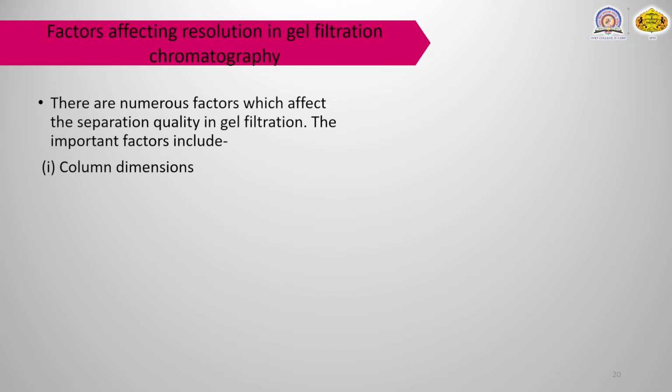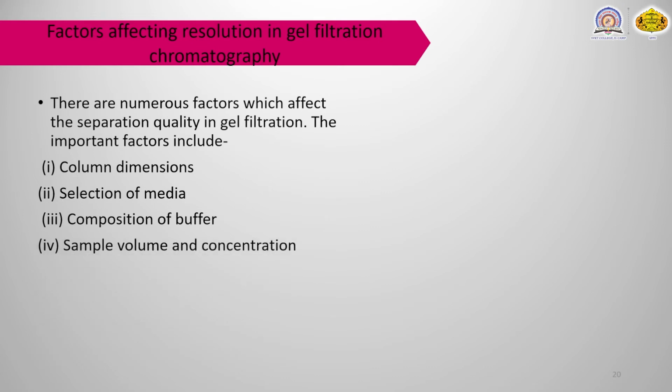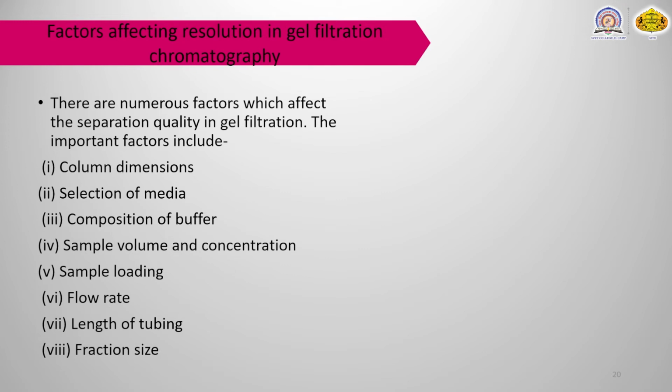If the column dimension is not regular, it can affect your technique, because it requires more time for the resolution or separation, and it would be a costly technique. Then the selection of media, the selection of the gel which you are using, composition of buffer, sample volume and concentration, sample loading and flow rate, and the length of the tubing. So these are some factors which can affect your resolution in the gel filtration technique.